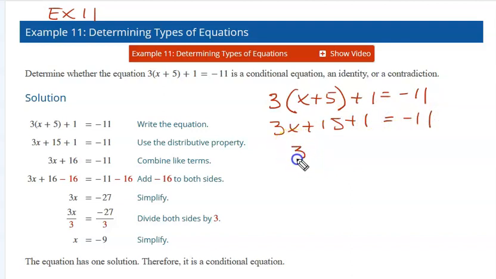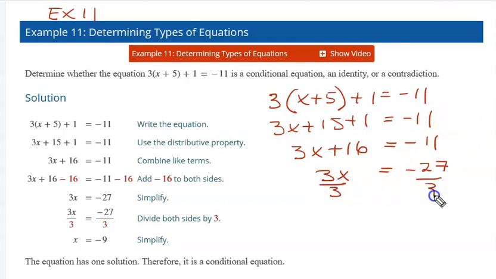Group like terms, 3x plus 16 equals a negative 11. 3x equals, transposing this, becomes a negative 16, a negative 27. Divide both sides by 3. x equals a negative 9. So it has one unique solution, a negative 9. So therefore, this is the conditional.